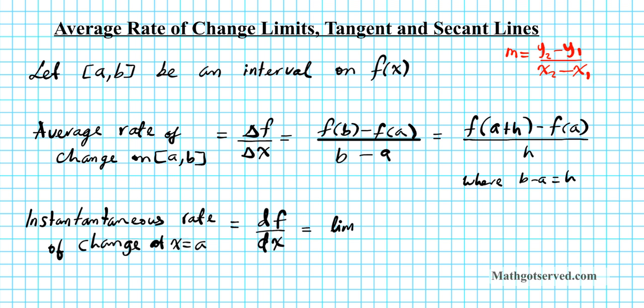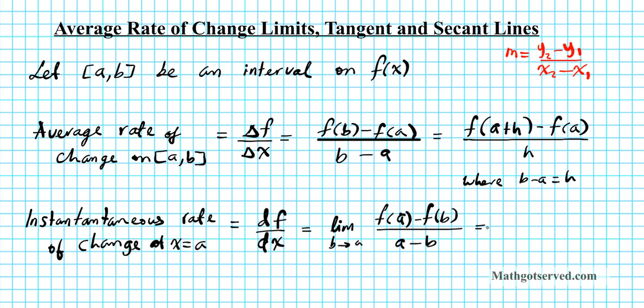limit as b approaches a, of, we can write it as f of a minus f of b divided by a minus b. Okay, I can write it in the same order, but it doesn't make any difference. Okay, it's exactly the same thing.